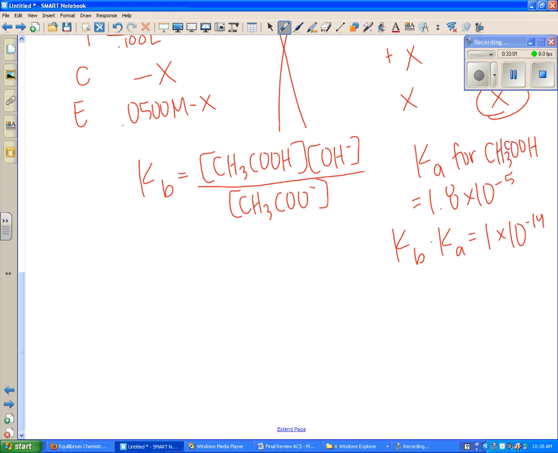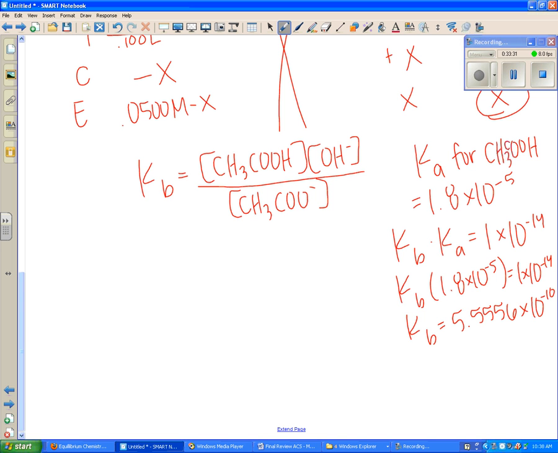So I can use this, and knowing Ka for acetic acid, I can find Kb for the conjugate base, the acetate ion. So Kb times 1.8 times 10 to the minus 5th is equal to 1 times 10 to the minus 14. And I get that Kb is 5.555 repeated, so 5.6 times 10 to the minus 10.